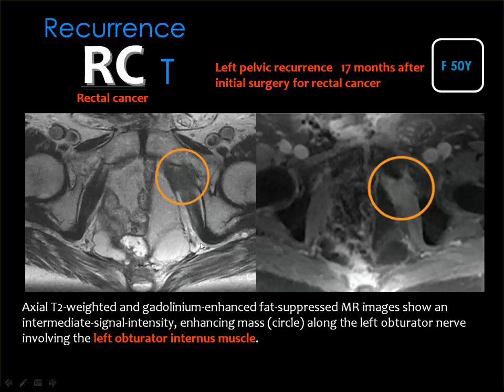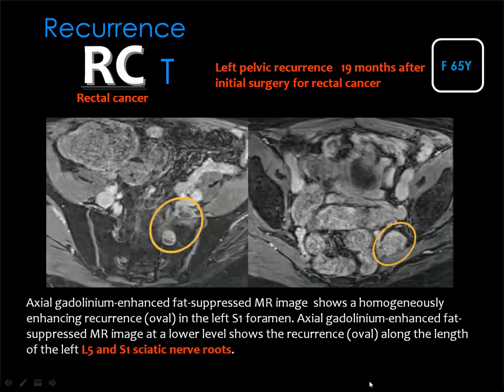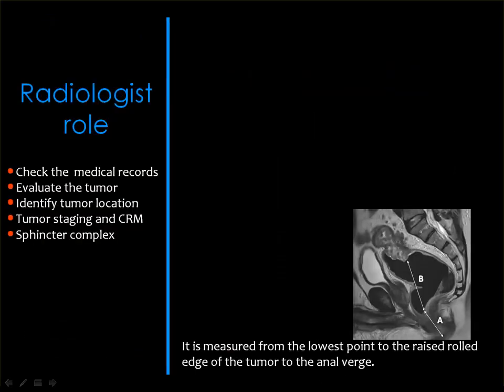and if you are outside the region of the anastomotic site, the assessment is easy. And here you can see involvement of the sacral nerve roots. You see, these are the sacral foramina, and this is metastasis to the sacral nerve roots, at L5 and S1 levels.